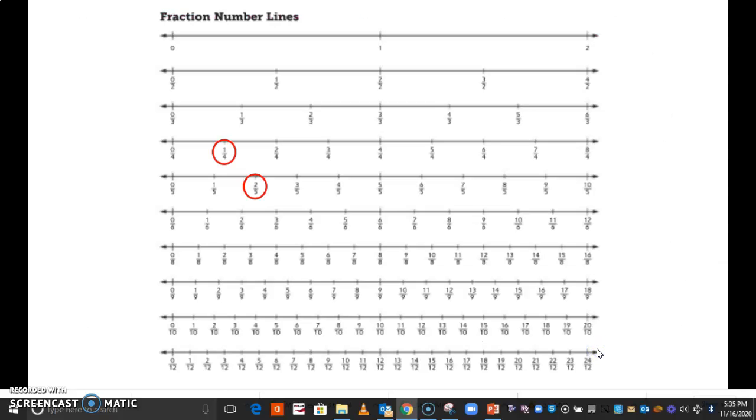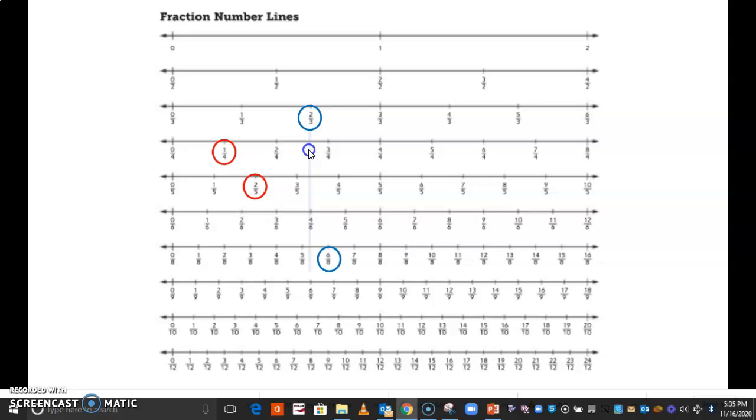Again, we're going to check our fraction line here. We've got 2/3. So the red ones are the ones we just did. So now the blue ones will be our new fractions. 2/3, 6/8. That's very close, you guys. Very close.